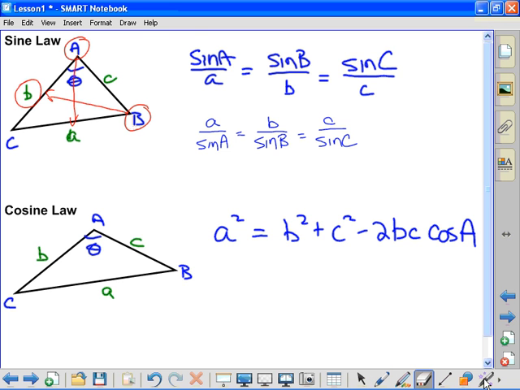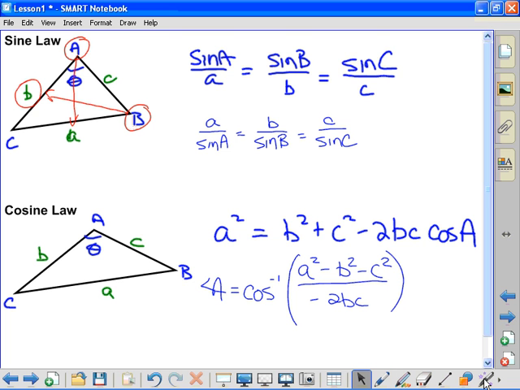So, angle A equals the cos inverse of (a squared minus b squared minus c squared) over negative 2bc. You can put that on your cheat sheet as well, but it's really the first equation rearranged. I'm hoping by this level you're able to do that rearranging.